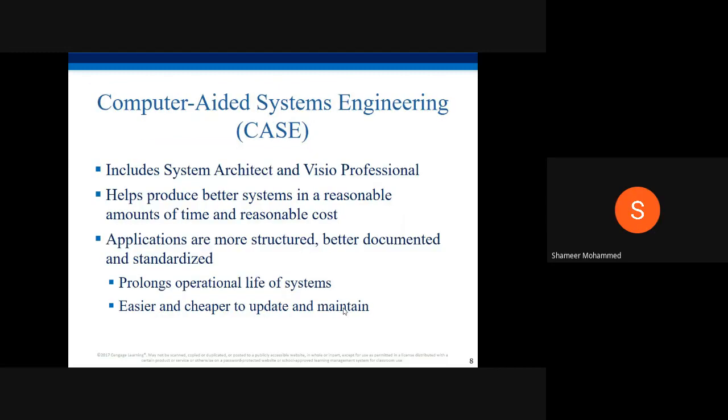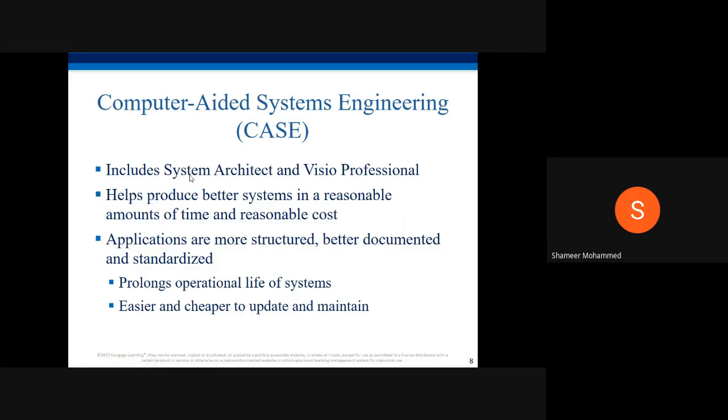Now, in order to design your database, we have to use tools. I told you what tools you will use. These are called CASE tools, computer aided systems engineering tools. So this is used by the system architects.